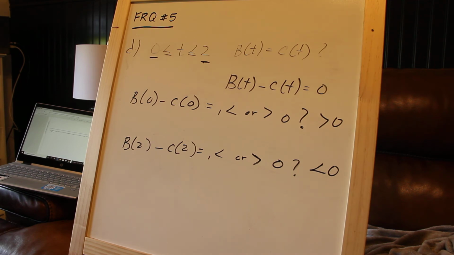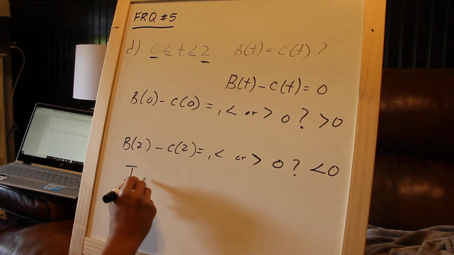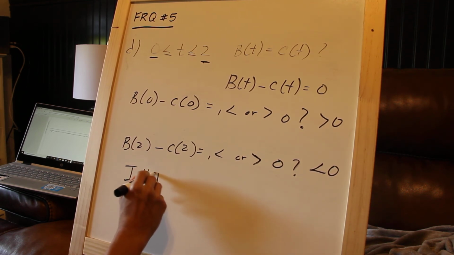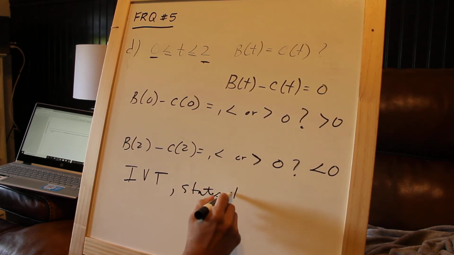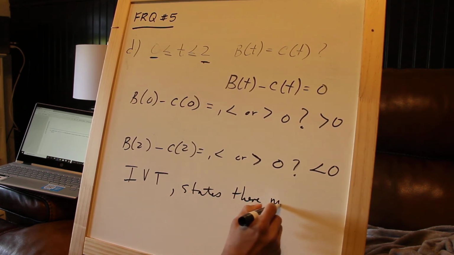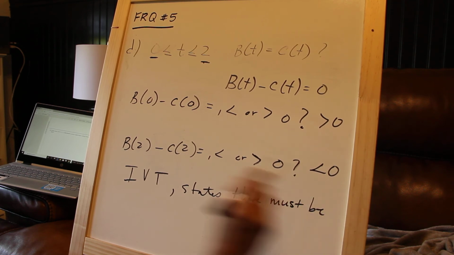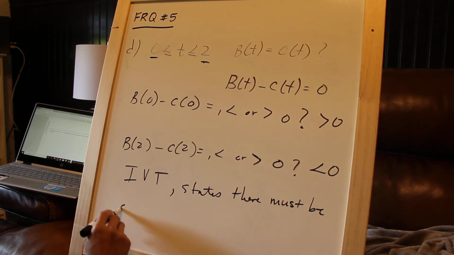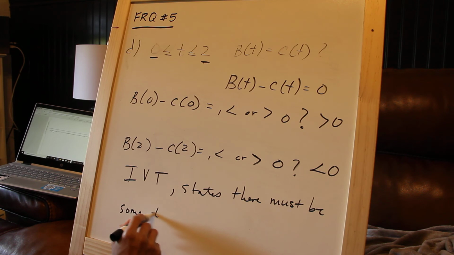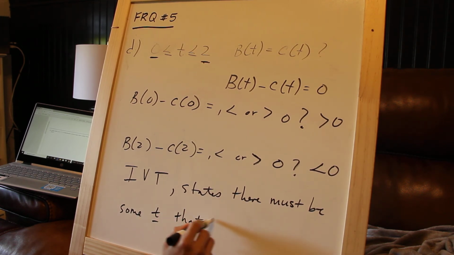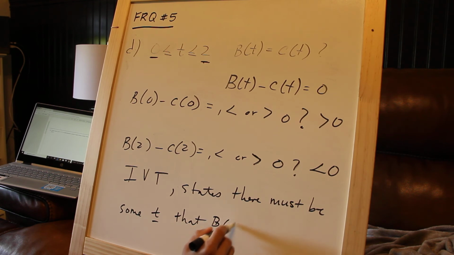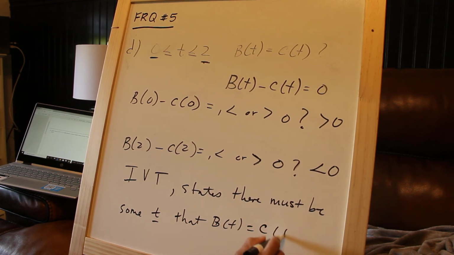So that means the justification is the intermediate value theorem states there must be some time, some t, that b of t equals c of t.